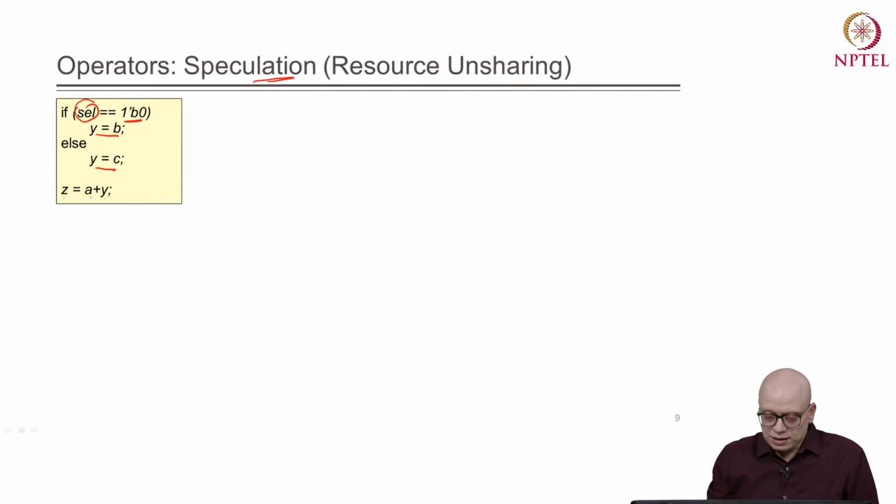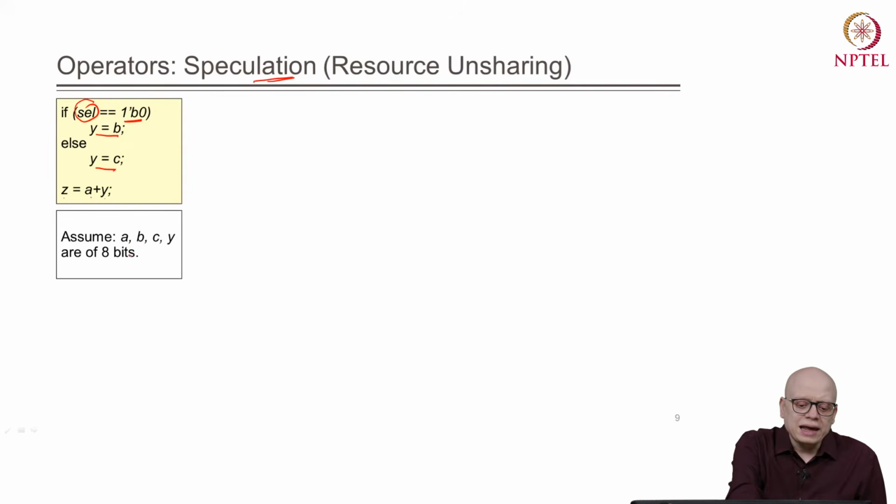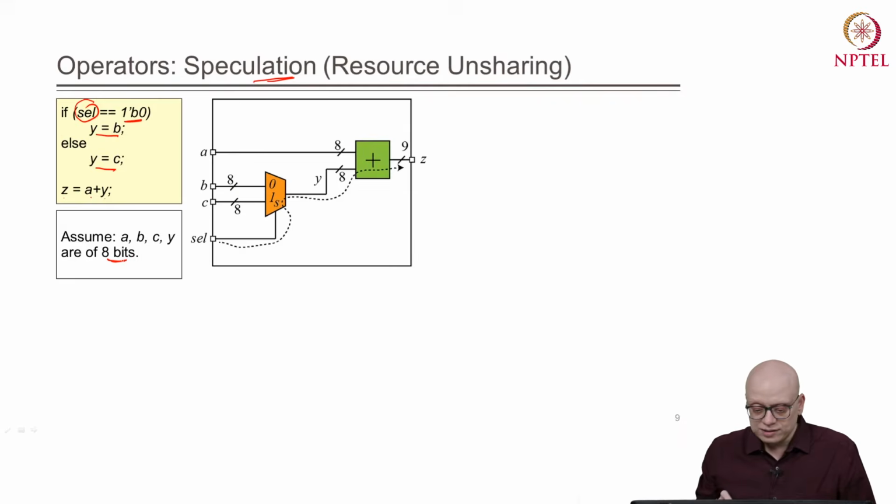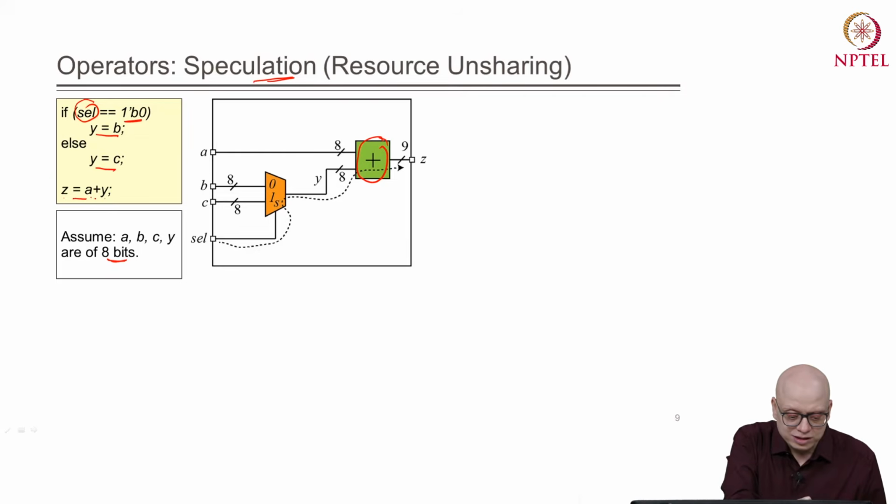Now, let us assume that A, B, C, Y all are of 8 bits. If we make this assumption and translate this code directly into a circuit, it will look something like this. We will have one adder corresponding to this expression.